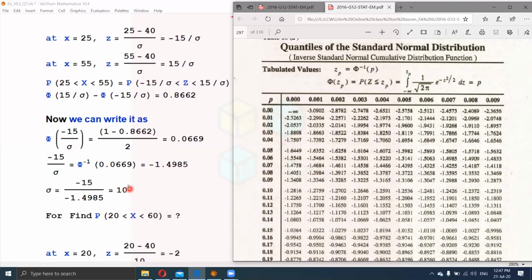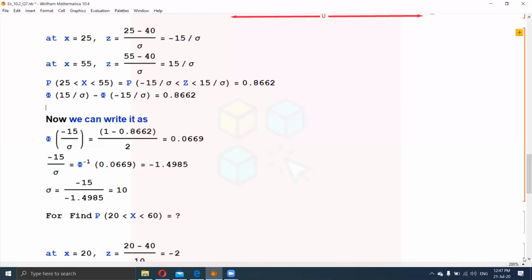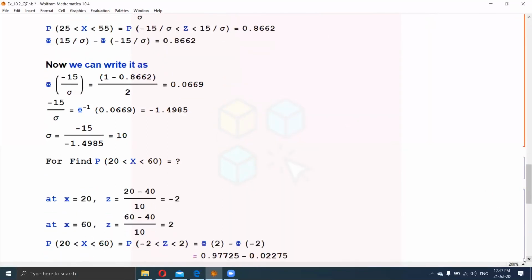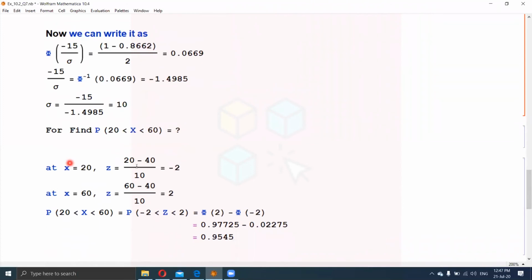Now our sigma is calculated for the second part of the question, in which the probability is to be calculated from 20 to 60. We have to convert both of these points into z-scores first. So the z-scores at 20 and 60 are minus 2 and 2.